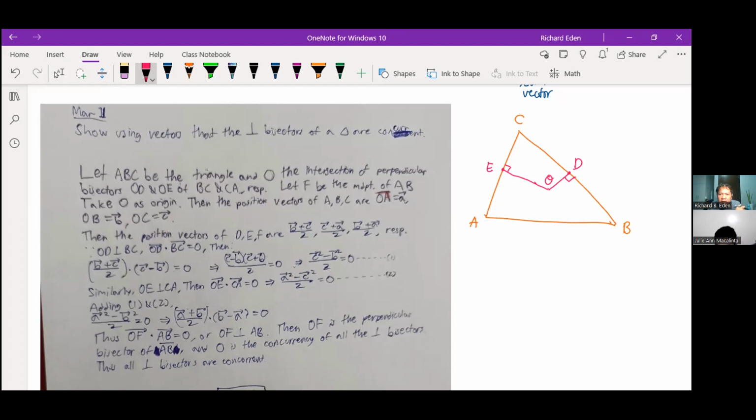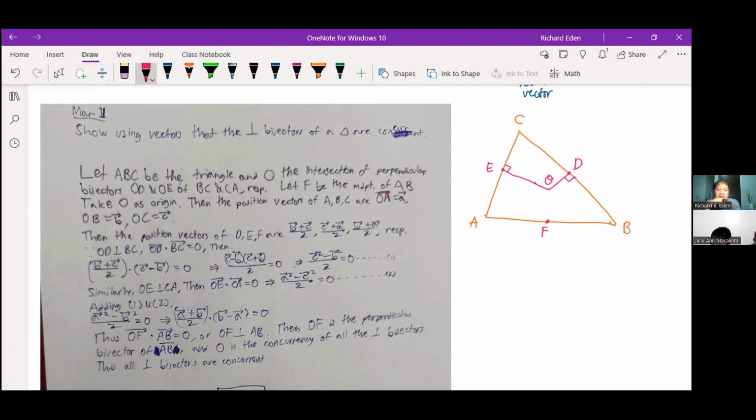All right, OD is on BC and OE is on CA. Let F be the midpoint of AB, and then take O as the origin. The position vectors of A, B, C are A, B, and C. As for D, E, F, we have (B plus C) over 2, (C plus A) over 2, and (B plus A) over 2, respectively. All right, so OD is perpendicular to BC, so OD dot BC is 0.